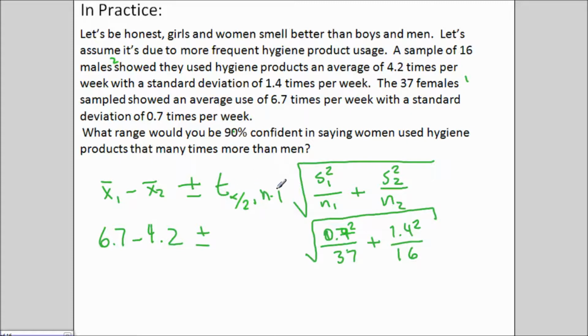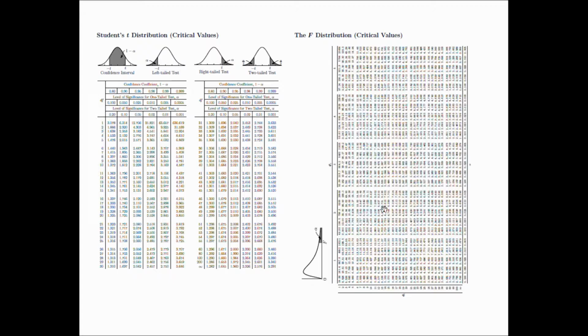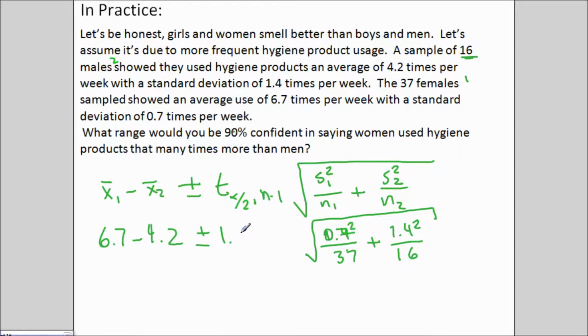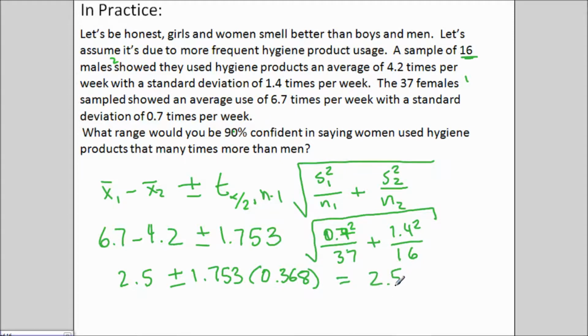Now, we have our t alpha over 2, n minus 1. This is the smaller sample size, 16, so we have 15 degrees of freedom. Going to the table, for the 90% confidence interval at 15 degrees of freedom, it is 1.753. So 6.7 minus 4.2 is 2.5 plus or minus 1.753 times this whole deal, which simplifies down to approximately 0.368, which tells us it's 2.5 plus or minus 0.65.